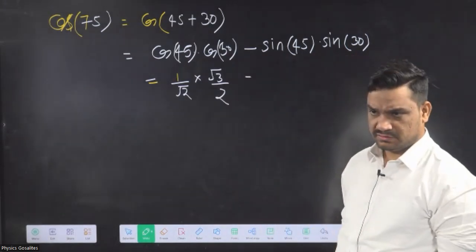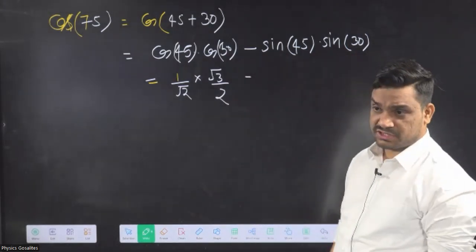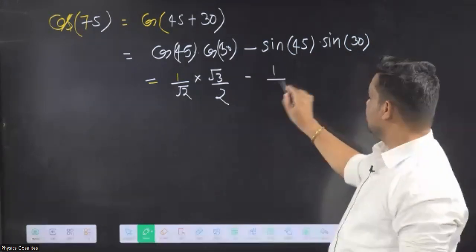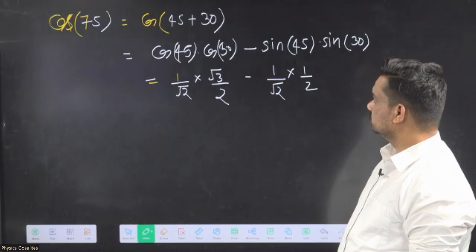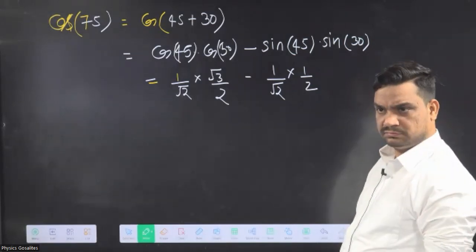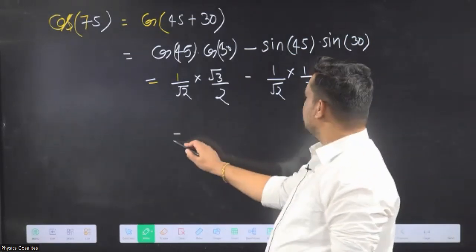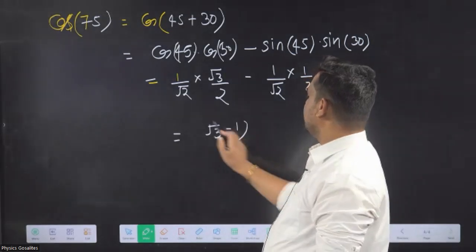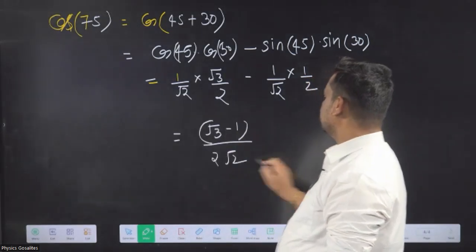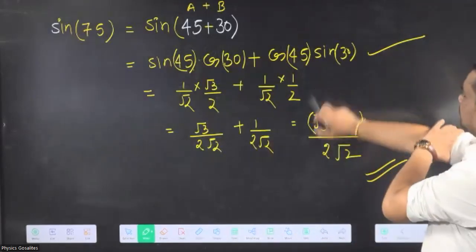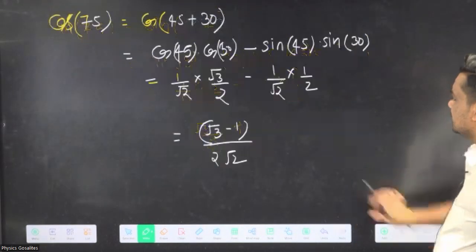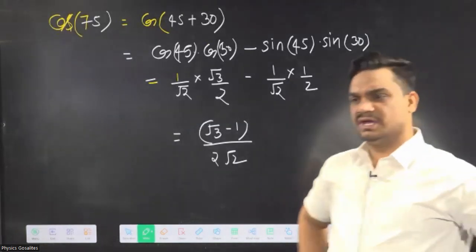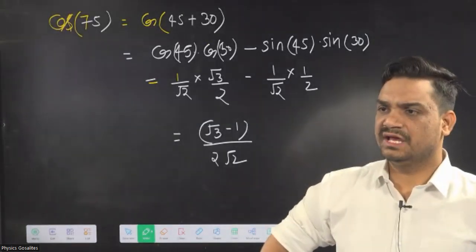Are you clear? If I am making any mistakes, you can tell fast. Here we write 1 by root 2, and this is 1 by 2. So it becomes root 3 minus 1 divided by 2 root 2. The process is almost the same. Only difference is that minus. Of course, the answer is different. Are you ready for the next?